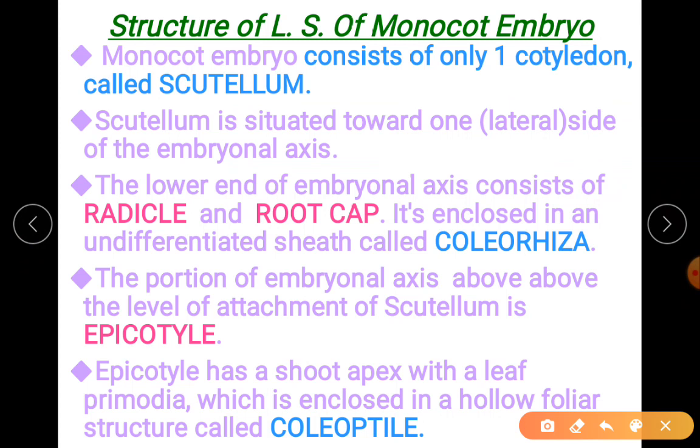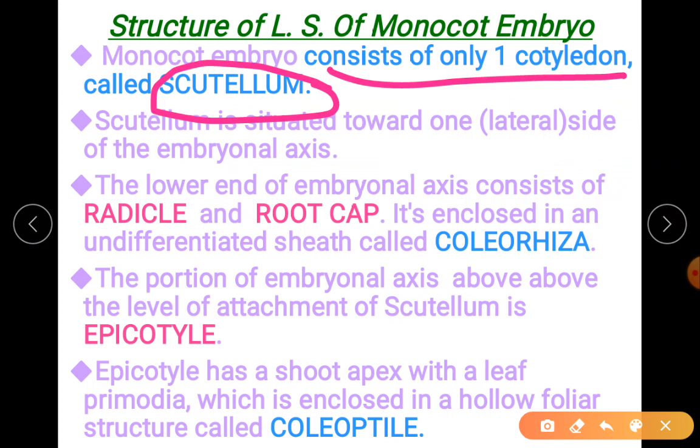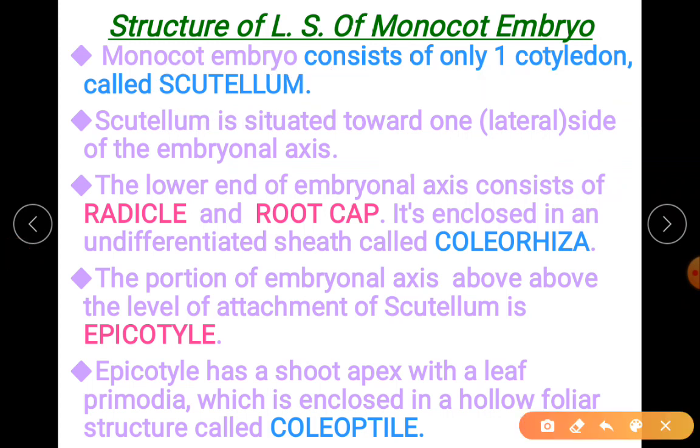Coming to the description of the structure of the LS of monocot embryo. It consists of only one cotyledon. So what is that one cotyledon called? Scutellum. If the question is asked, what is scutellum? It is a single cotyledon present in the monocot embryo.